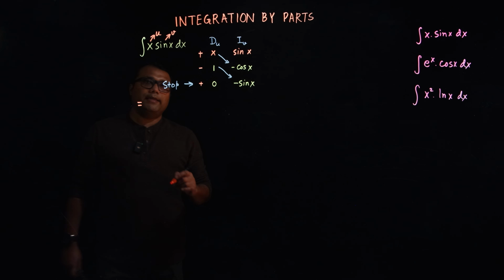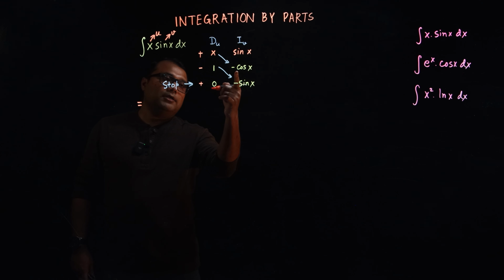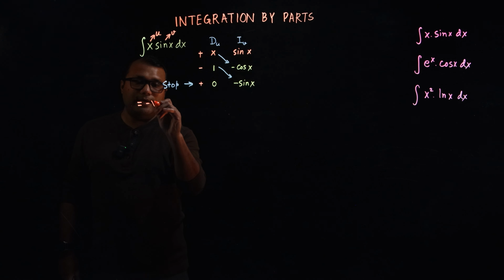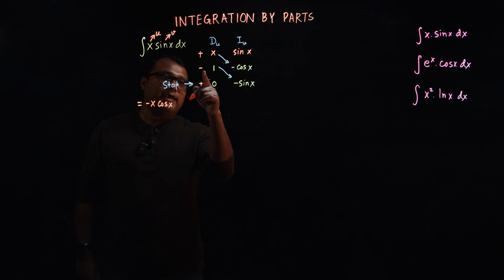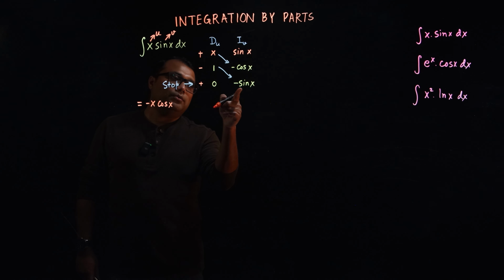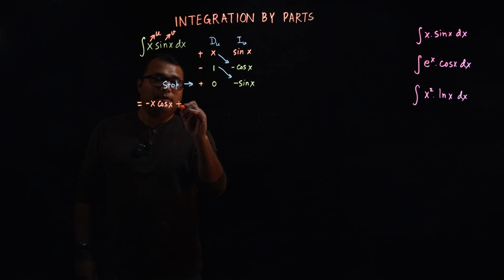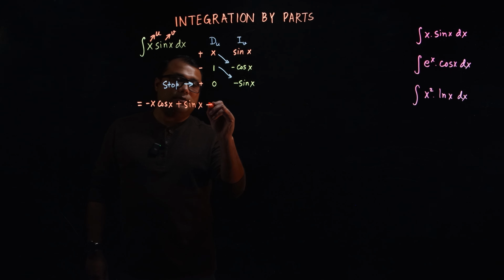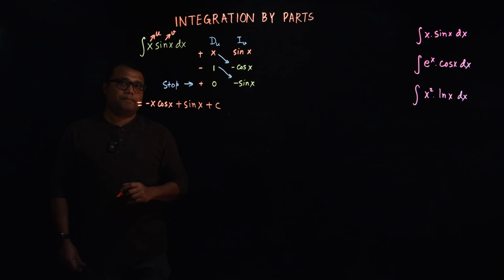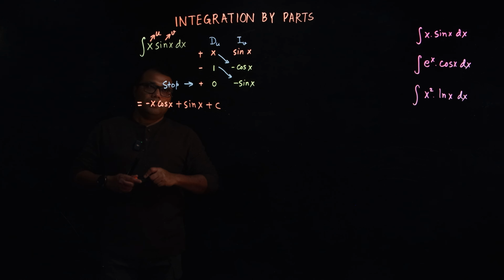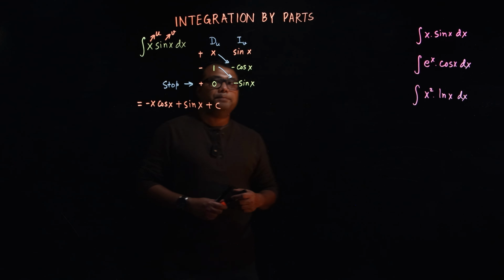So, this we can write as x into minus cos x. So, minus x cos x minus 1 into minus sin x. So, that will be plus sin x, and my integration is complete. So, I will write plus c. Okay. So, this is example number 1.